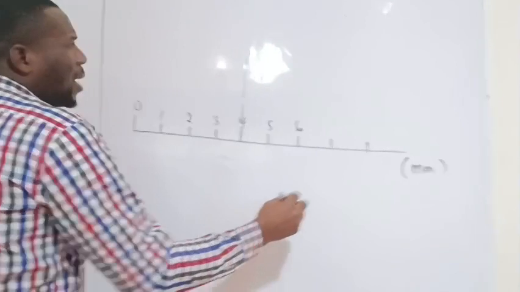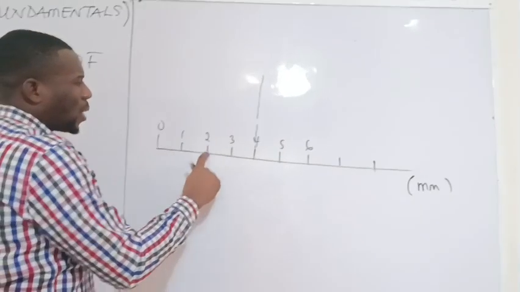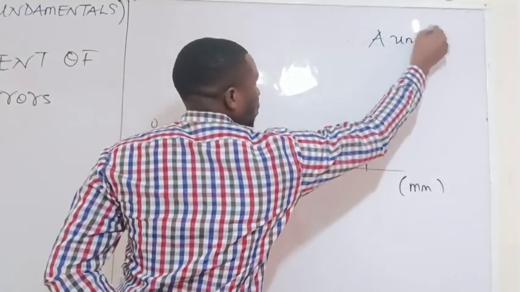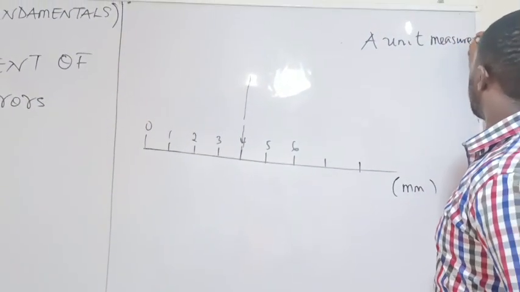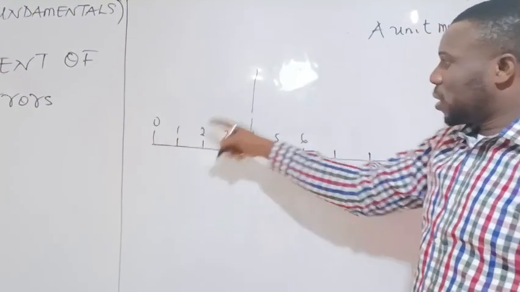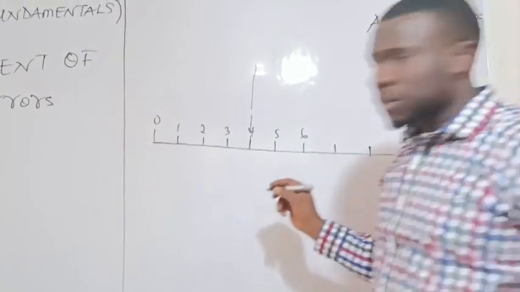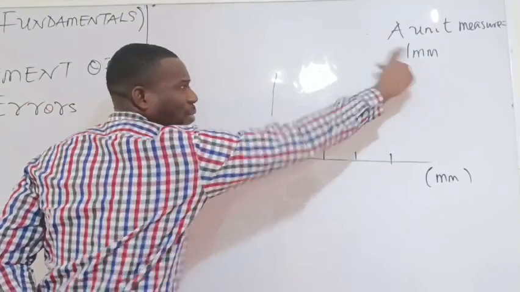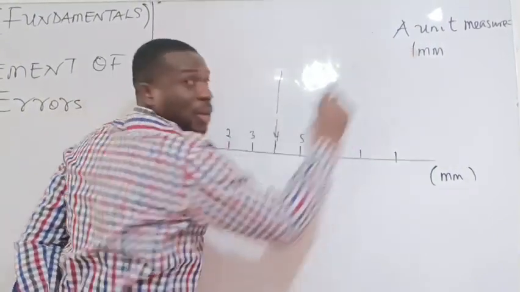All right, I could tell you that what a mark represents here, we call a unit value, or a unit measure. And what is a unit measure? Just what one mark stands for. If you take the difference, you will know. So this is 1 millimeter, that is a unit measure. Now, it may interest you to know that I could make measurement to half of this. I could go pretty close to the actual value by half of the unit measure.